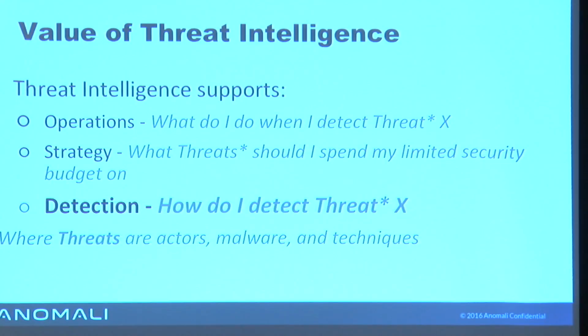Strategy is more along the lines of what threats do I have and what should I really be doing in a much larger and holistic sense to deal with these threats. Should I be applying two-factor authentication to everything because I'm dealing with a lot of compromised credentials? Things of that nature. But the last part, and what we've been talking about mostly, is the detection area. How do I detect threat X?